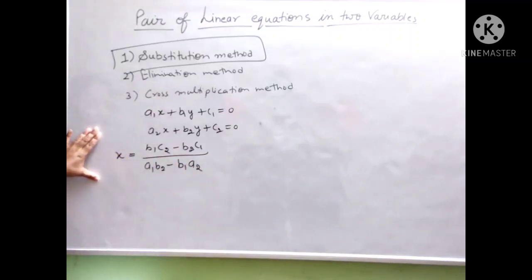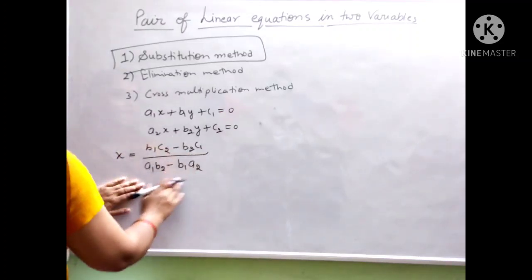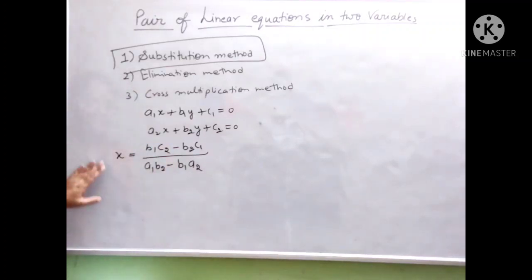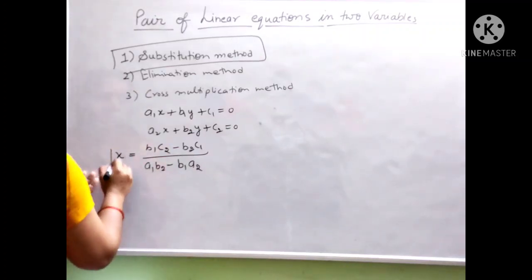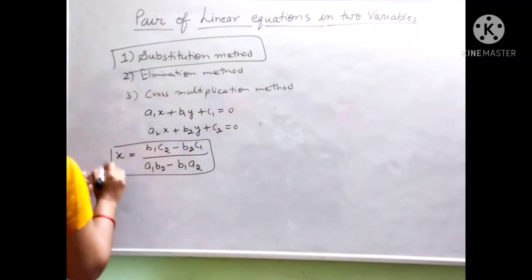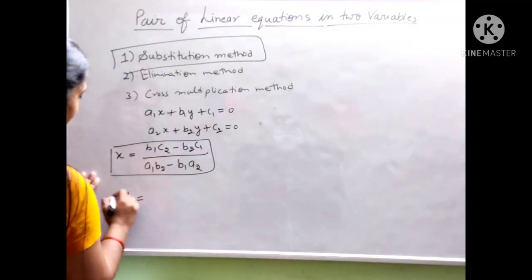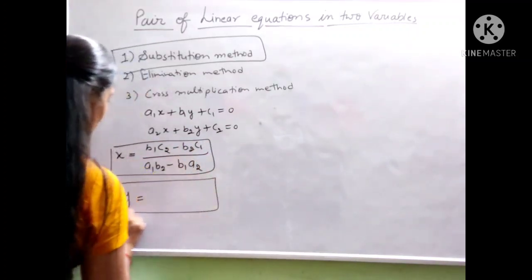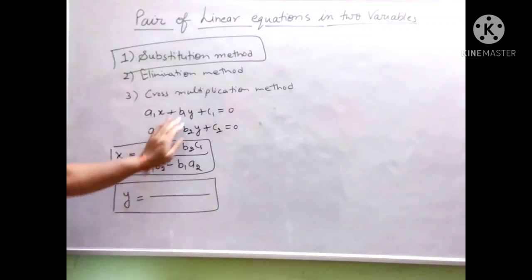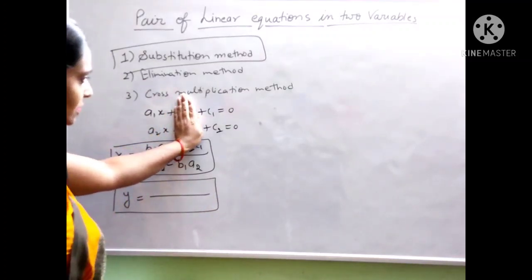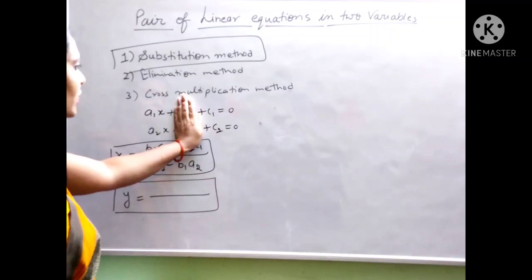So on putting the values of these, we will get the value of x. In the same way, you can find out the formula for y. So how to compute y? Just hide the value of y.